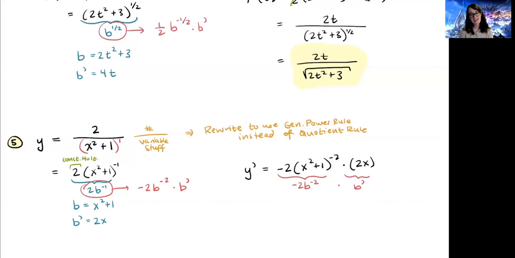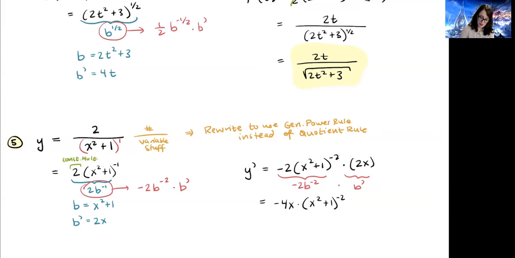Now to simplify this, what we should do is just look at, again, the number here and the derivative of the inside and see if it makes sense to combine those together by multiplying. So I think in this case it does. Negative 2 times 2x is negative 4x. Now we also have this negative exponent here, which would be simpler if we rewrote this as a fraction.